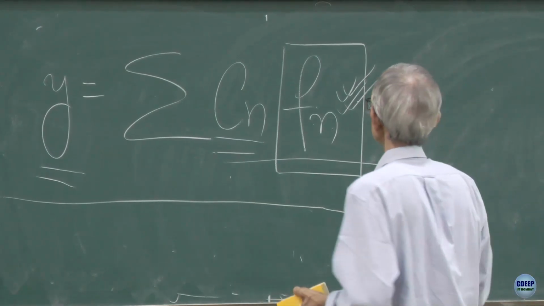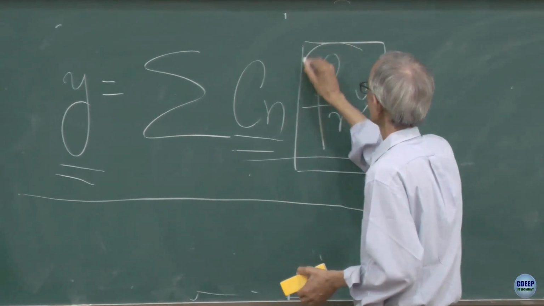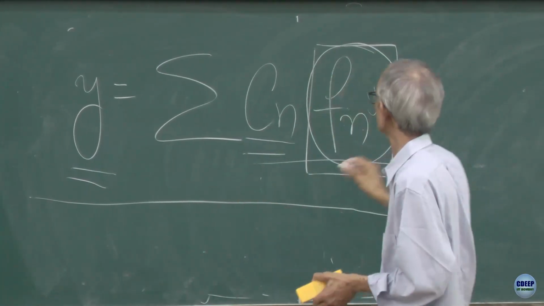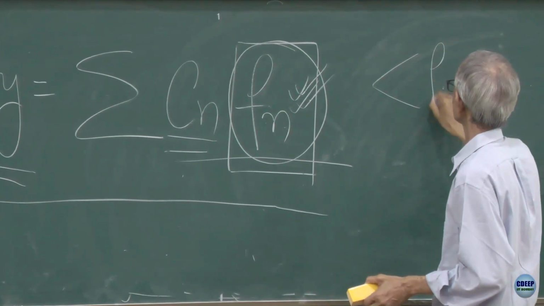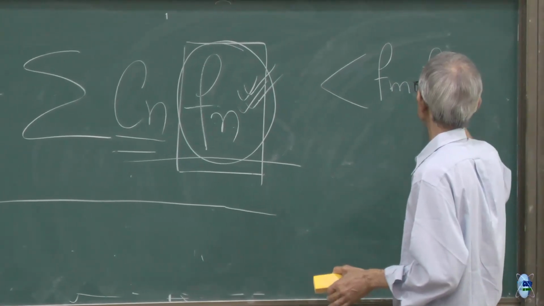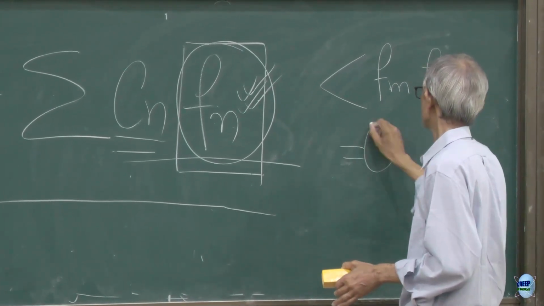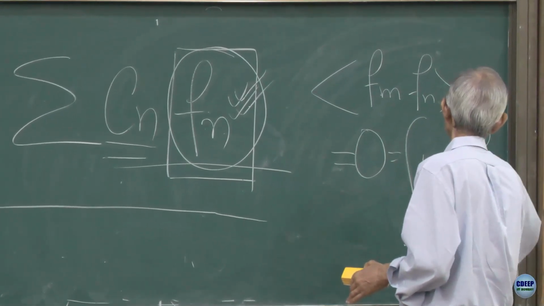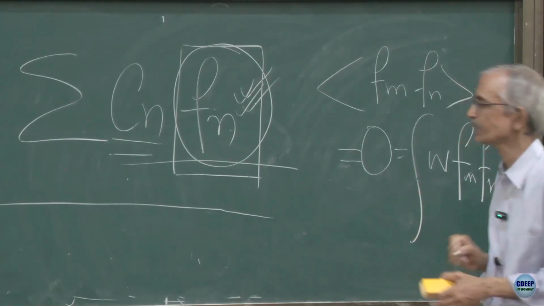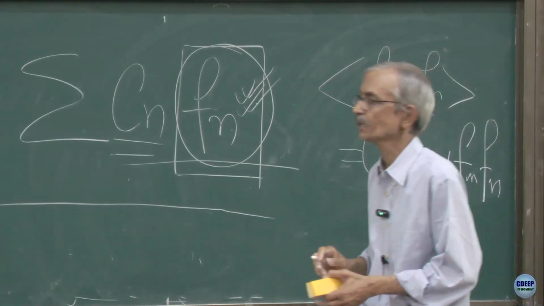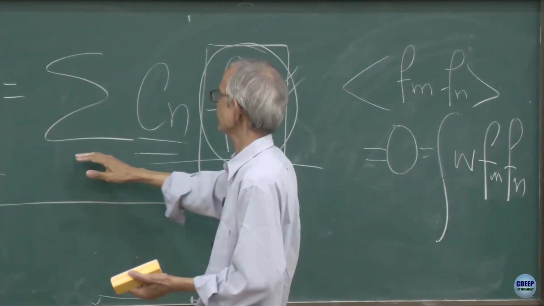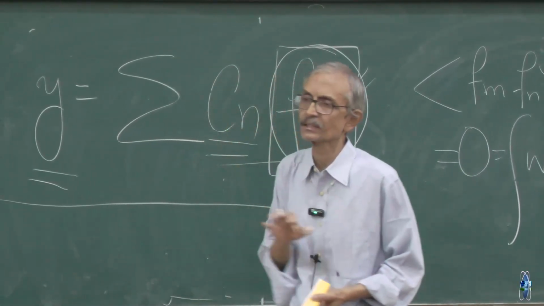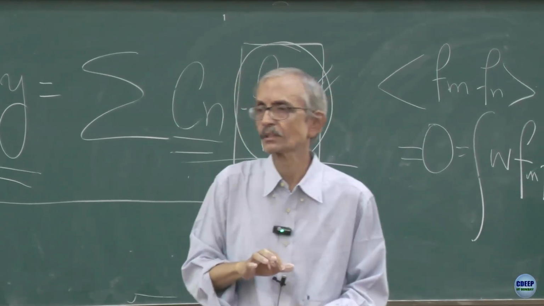It's fairly straightforward because these are orthogonal functions, which means the inner product of Fm, Fn is equal to 0 under the assumption of that weight function inside. So everybody is going to cancel off when you try to get this Cn, and only one of these functions is going to survive.